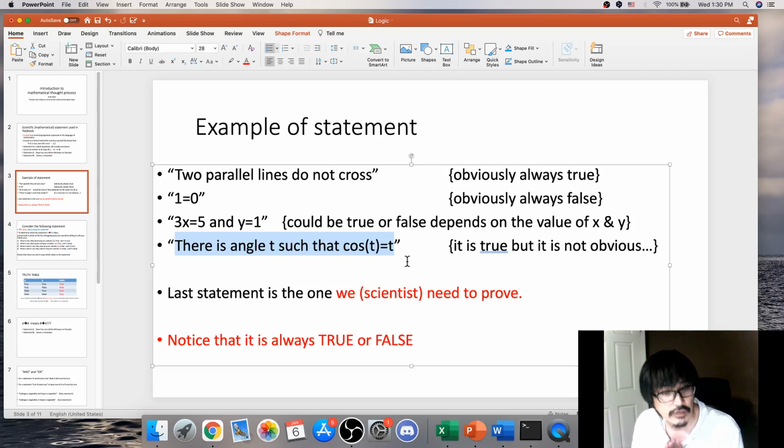So for this particular case, I have to show you, I have to convince you, that this is a true statement. In the textbook, these types of things are written in a way that has more explanation to it.